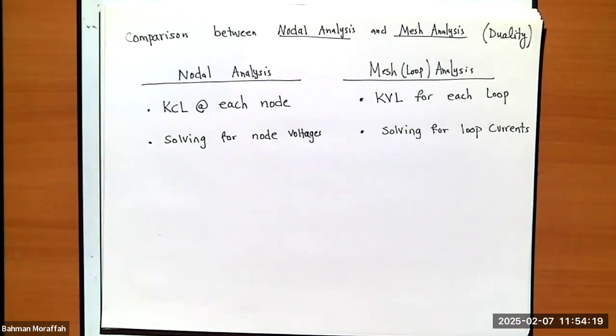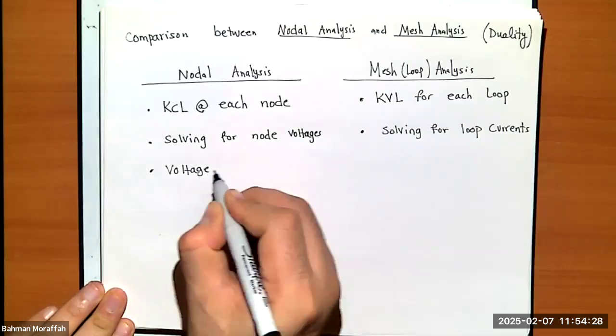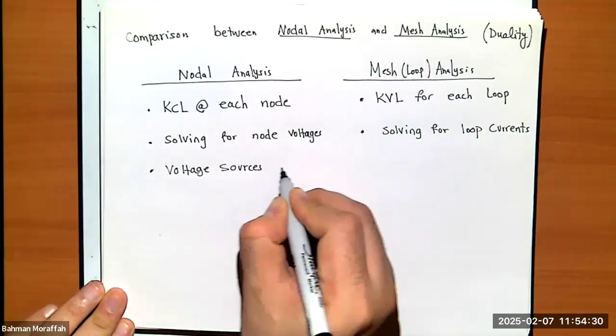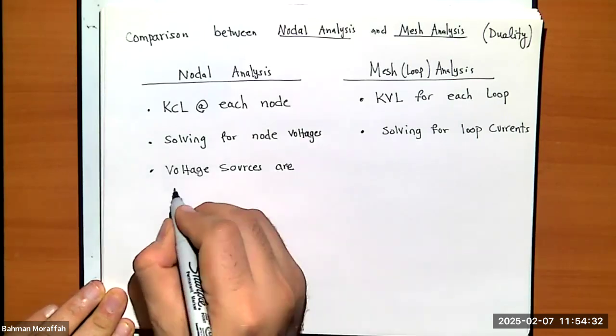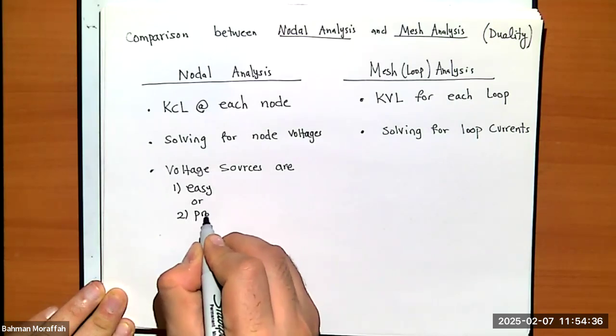In nodal analysis, voltage sources were either easy or problematic.